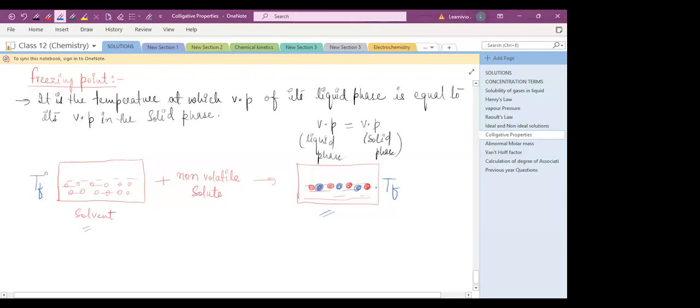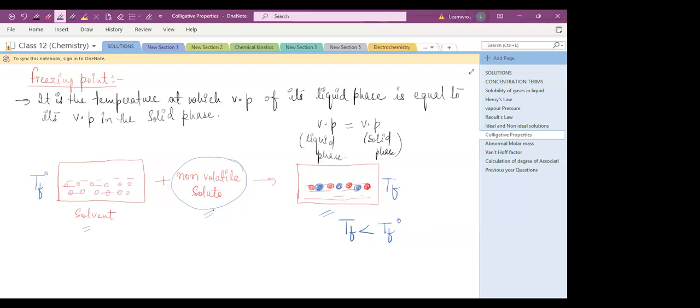And this freezing point of the solution is always lower than that of the pure solvent. Tf is lower than Tf naught when you add the non-volatile solute. So this non-volatile solute reduces the freezing point of the overall solution. Clear? Got it?